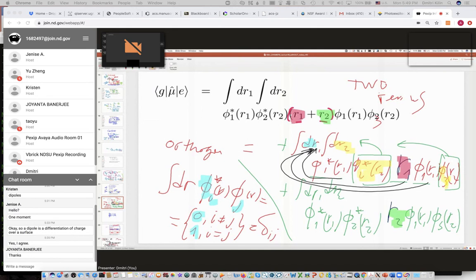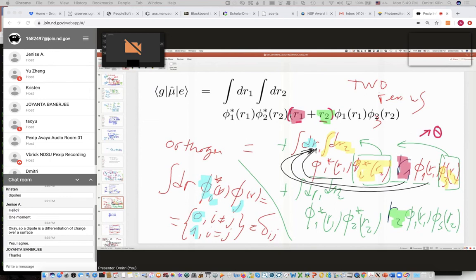The indices here do not coincide, which means when we perform the integral over R2, of phi 2 of R2 and phi 3 of R2, we will get 0. And then we do not care for integrating over R1. So the first integral will give 0 because of the orthogonality properties of these molecular orbitals.